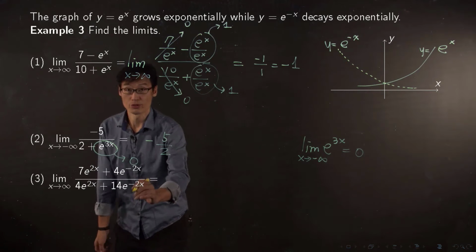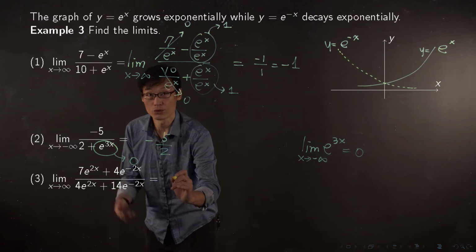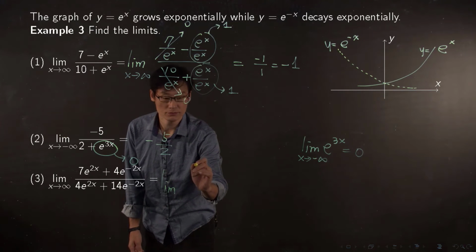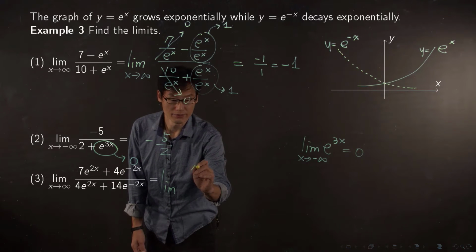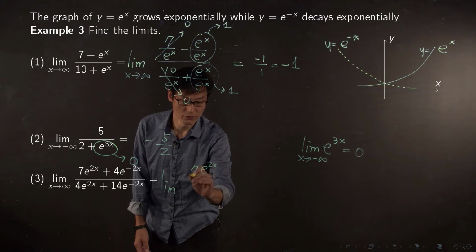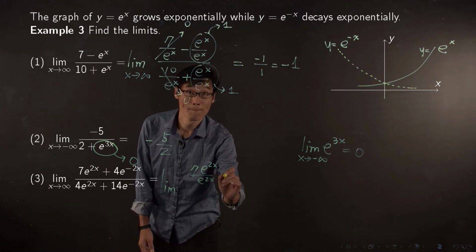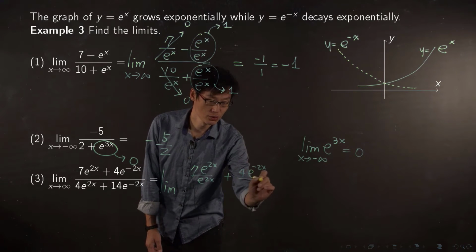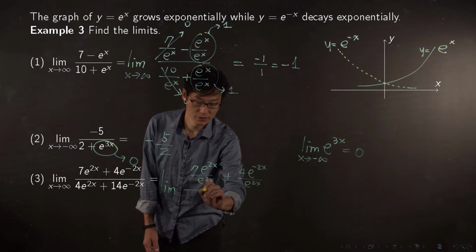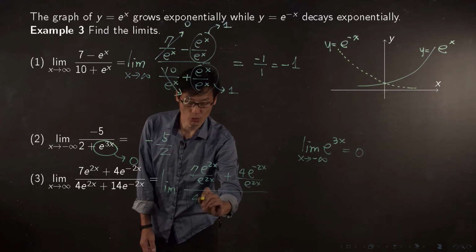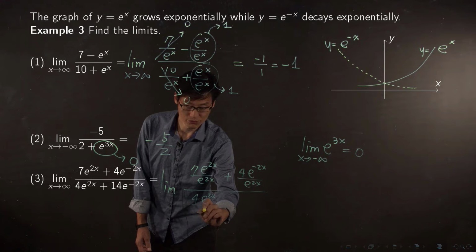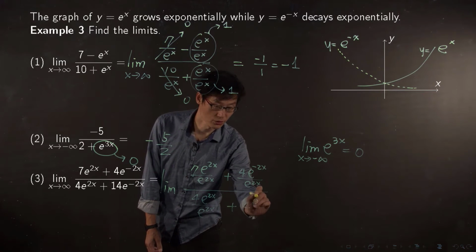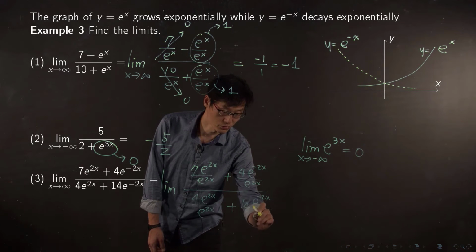If you want, you can divide everything by the leading term to find the limit rigorously. So when you divide everything by e to the 2x, we have 7 e to the 2x over e to the 2x plus 4 e to the negative 2x over e to the 2x, over 4 e to the 2x over e to the 2x plus 14 e to the negative 2x over e to the 2x.